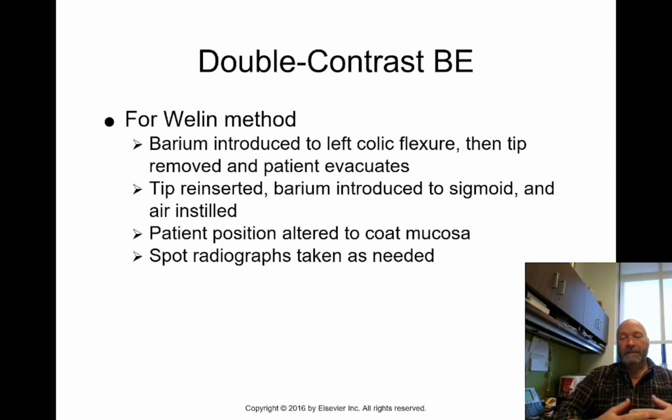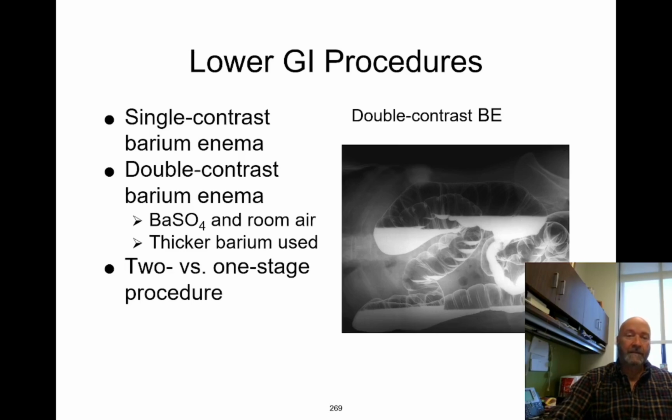So they say that the Wellen method is good for small polyps, small pathologies. I think that probably colonoscopy has done a good enough job that we don't really do the Wellen method anymore, but it is, as far as I can tell, still registry testable.